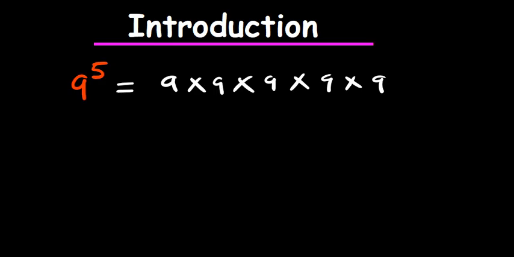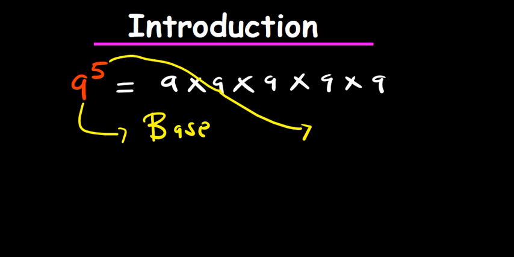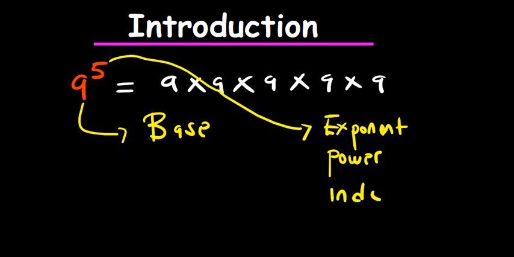That's what it means. Now the a in this case is the base. Then the 5 in this case is the exponent. The exponent is also called the power. It is also called the index. So basically these are just the basics about indices.